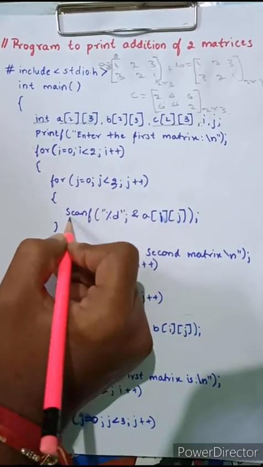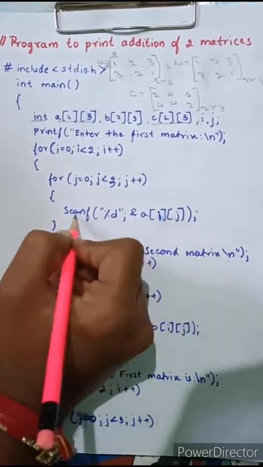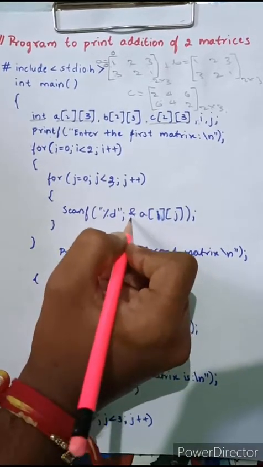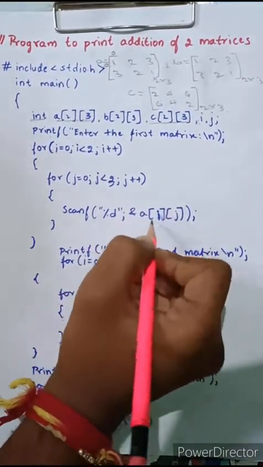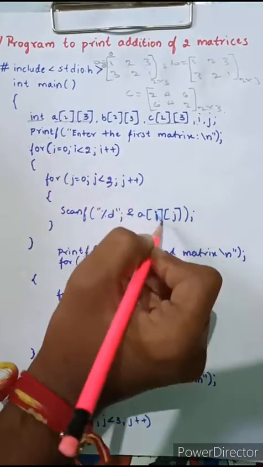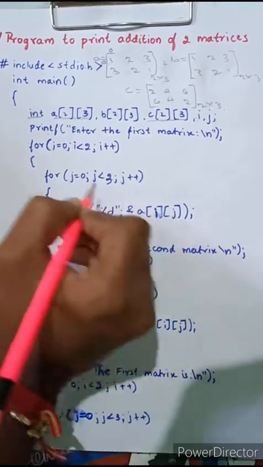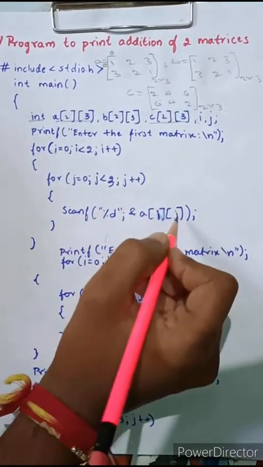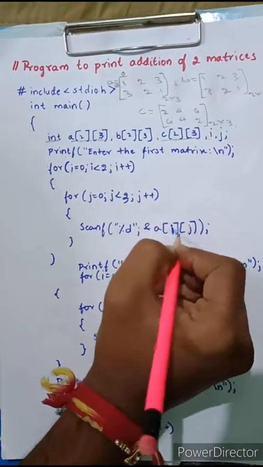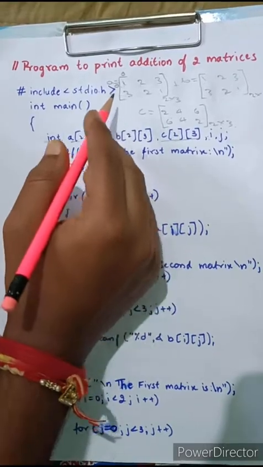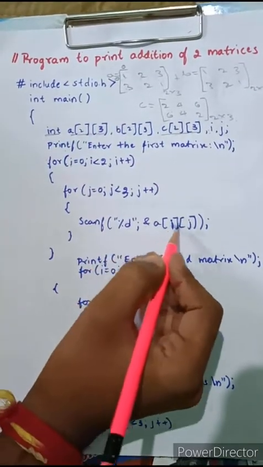Next, the executable statement is executed, that is scanf %d, as per the C rules, ampersand a of i j. i is 0, the value of i, and the initial value of j is 0, and this statement is executed. After this statement is executed, the first element is included in the matrix, that is a of 0 comma 0.